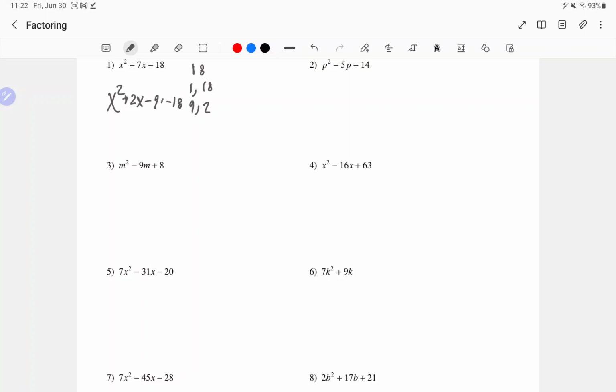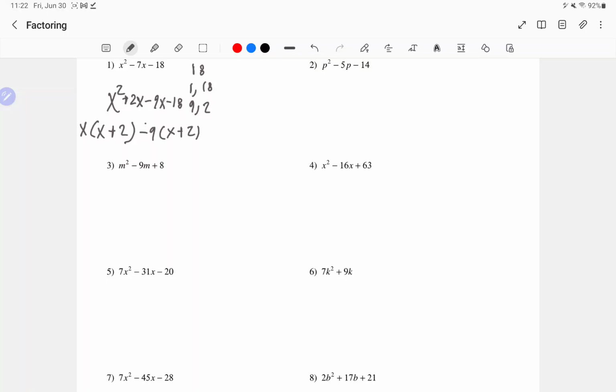Now we can start actually factoring this. We factor out x for this part first. We go x, and then x plus 2, and then minus 9, because you can factor out minus 9, so this becomes plus 2.